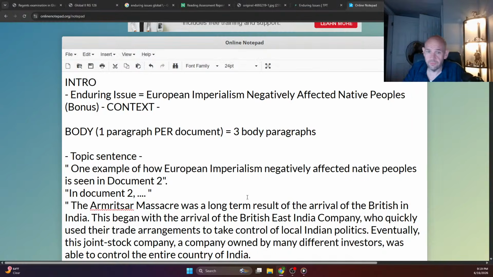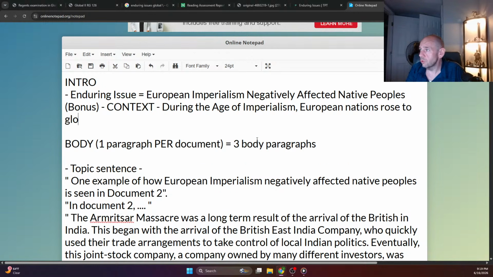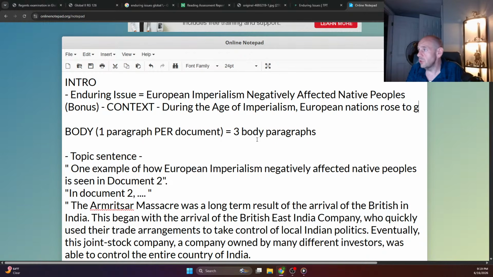What is the context for that? Well, the context for that would be something like this. During the age of imperialism, European nations rose to global power. All right, I'll write it in a way you might write it. You probably wouldn't write rose to global power.